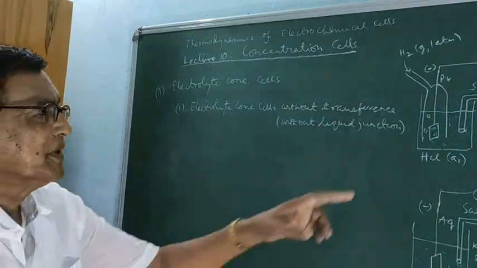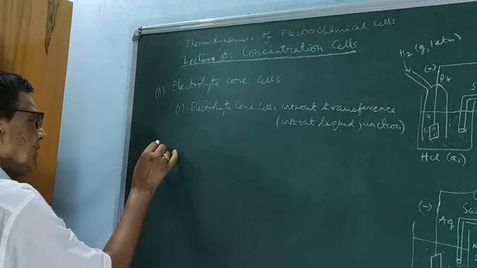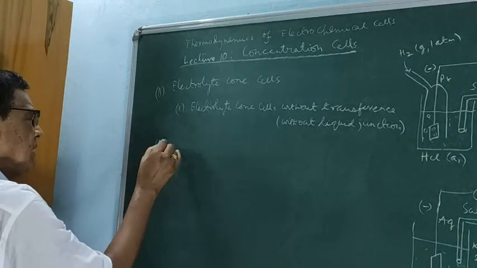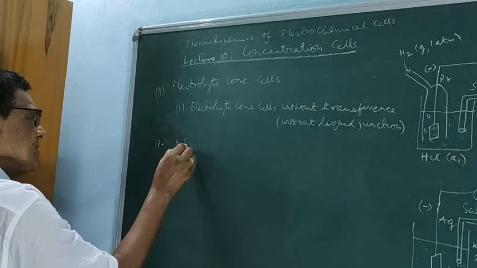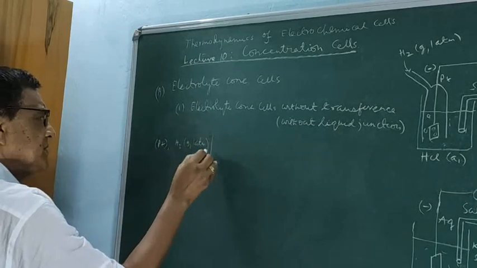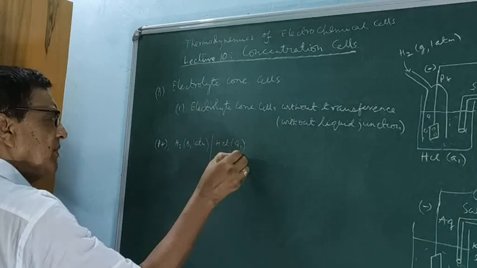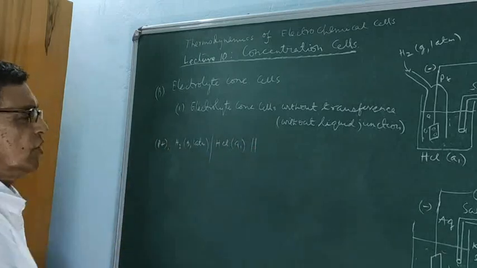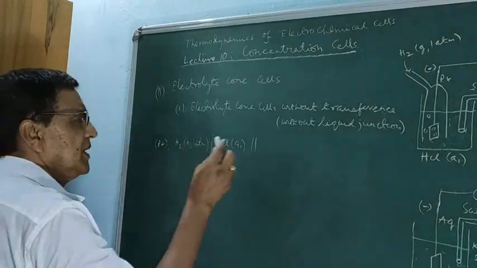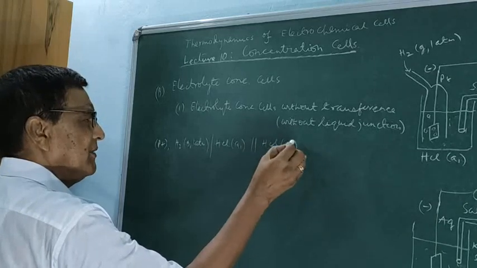Here one with a salt bridge, this is one type, and I can write here platinum and hydrogen gas, 1 atmosphere. Here HCl, phase boundary, and activity A1, and it is the salt bridge, double vertical lines, and then HCl and A2 activities.